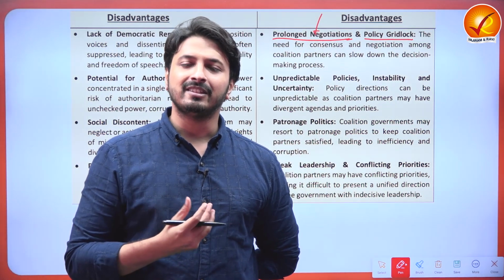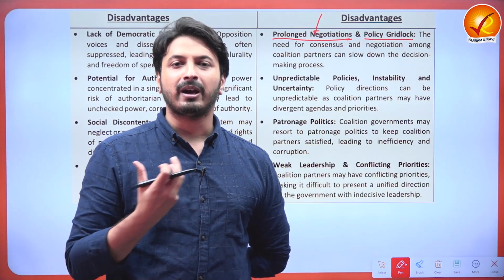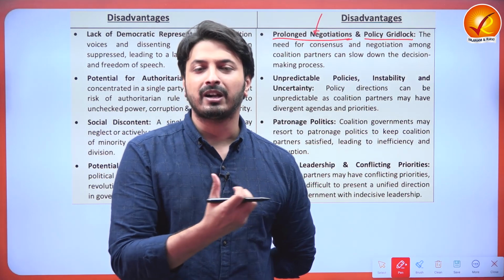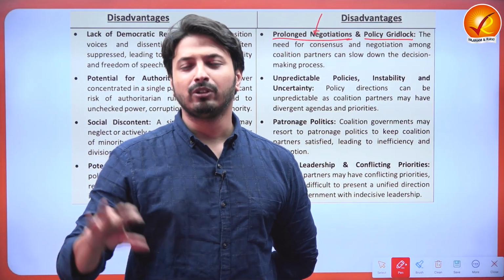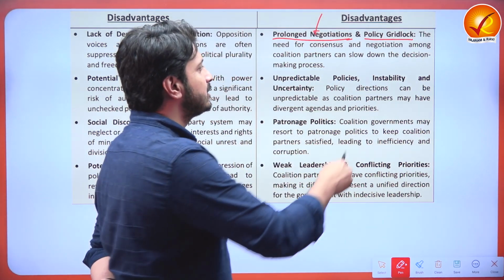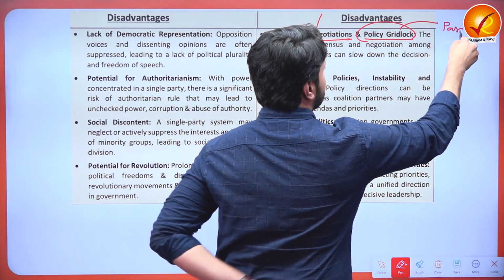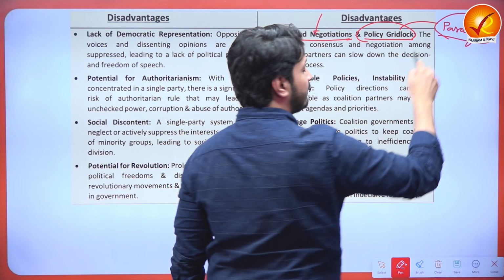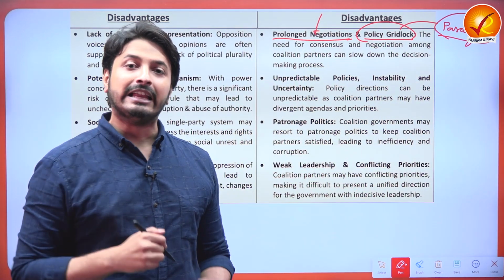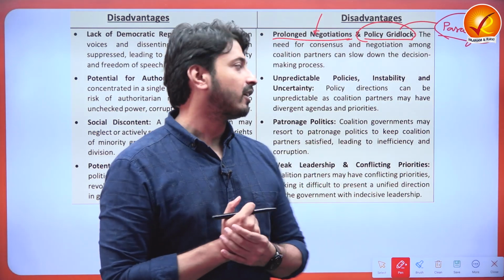And in that political tug of war, where every coalition partner is not happy and is trying to get their vested interest through the governmental policy, it leads to a policy gridlock or a policy paralysis, which is not good for the governance of our country. And governance of our country is directly linked to the economic growth and the economic reforms of our country.